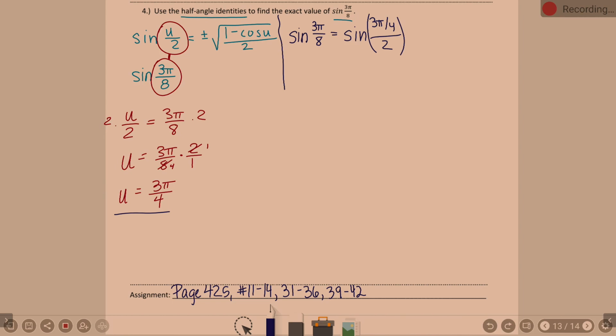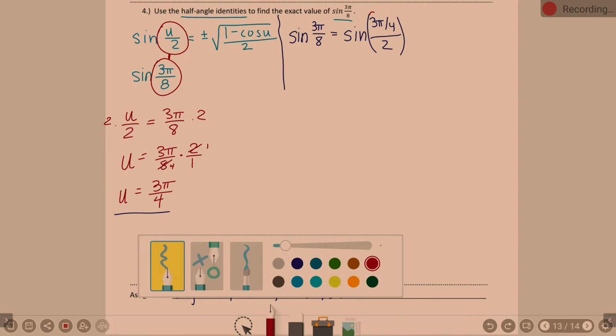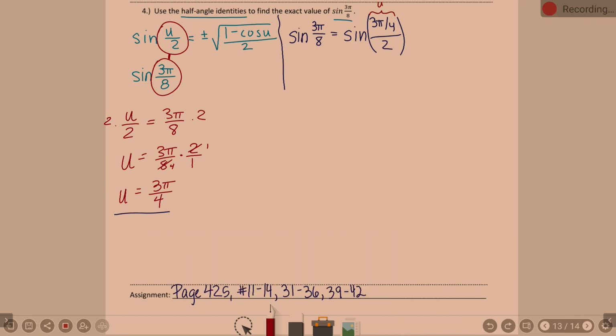Every time you use a half-angle identity in this scenario, you always have to double the given angle, because you're multiplying by 2 to get a value that is equivalent when you divide it by 2. This is your u value when we fill it into our formula.